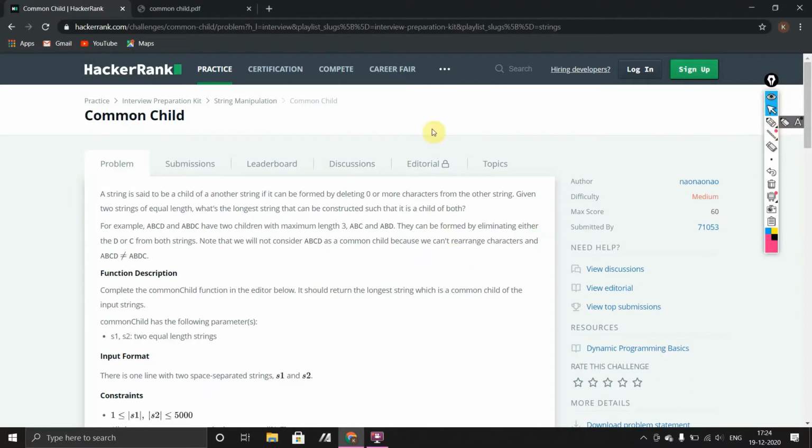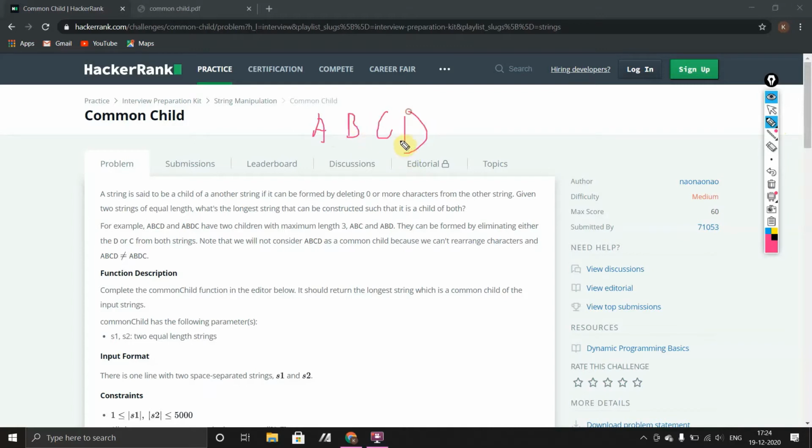Now let's try to understand what the problem says. So basically the problem is asking us to make the subsets of two strings of max length with given characteristics. Let's say you are given a string A, B, C, D, and the other is A, B, D, C. You have to make a common substring out of these two.